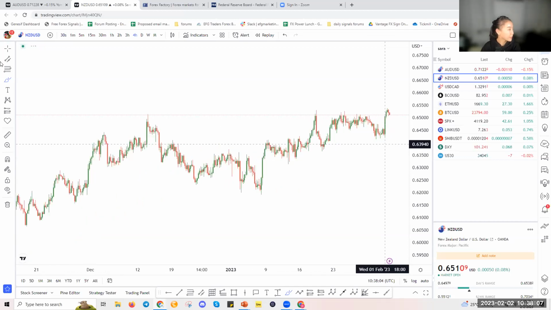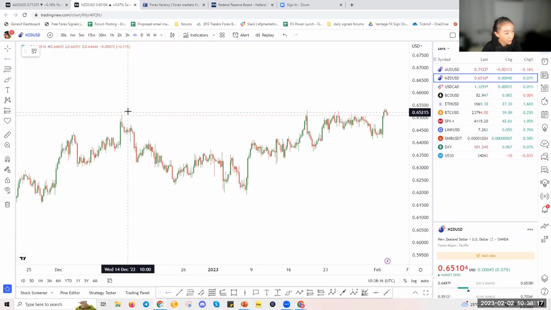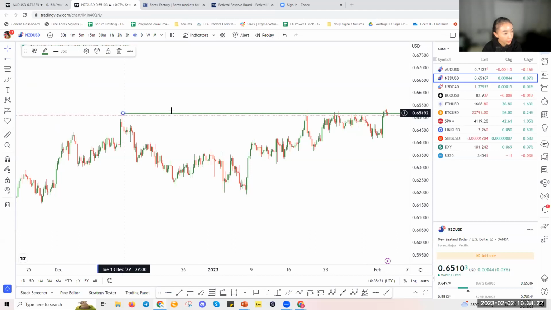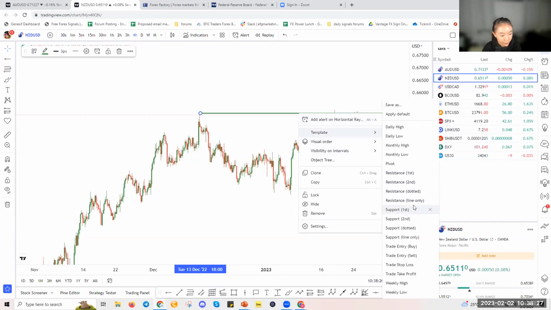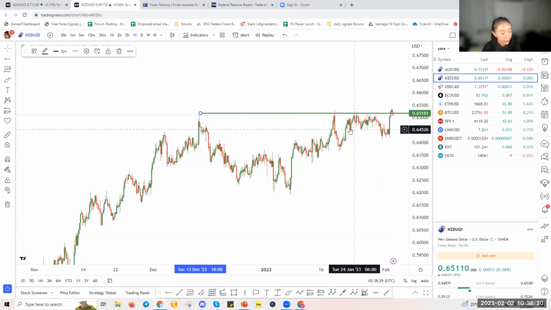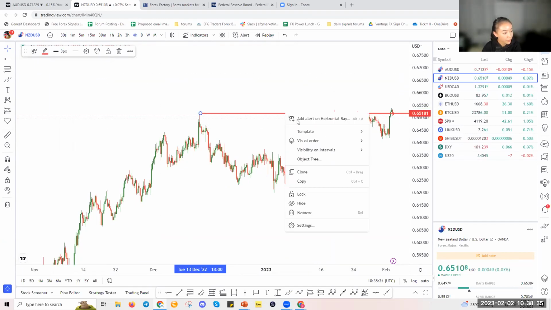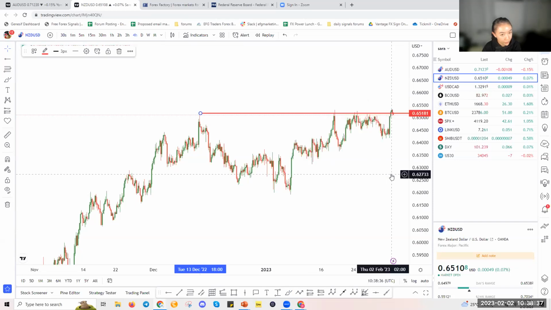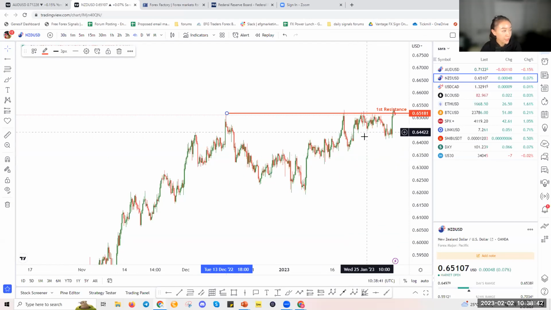So let's find a resistance line first. Okay, maybe the resistance line here. Okay, so this is our first resistance line.